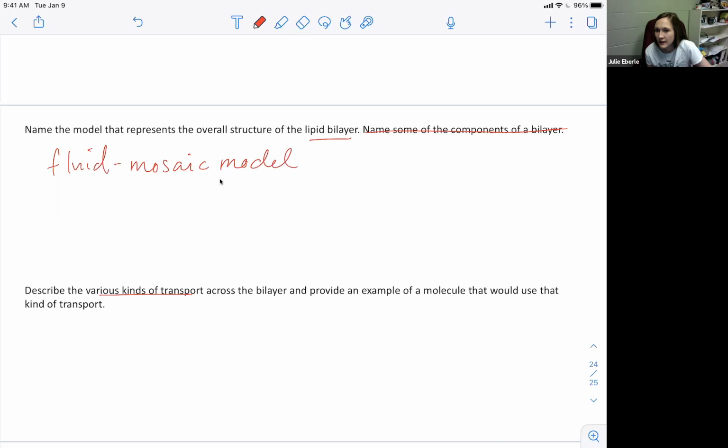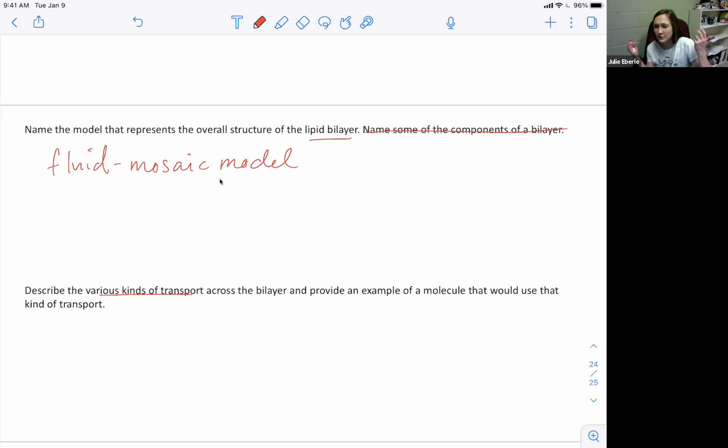What does fluid and mosaic allude to? Isn't it like just a mix of, I'm forgetting the word. Like I know it, but I don't. It's like a mix of things, right? Eclectic, or there's a lot of different things in the bilayer.